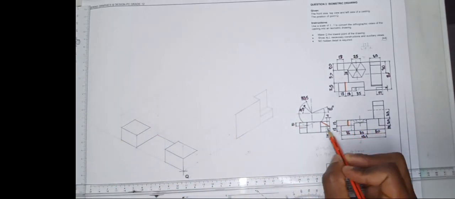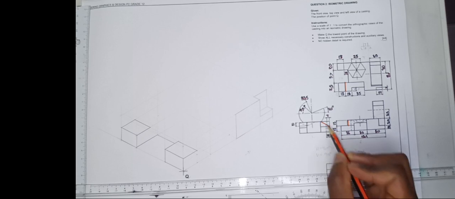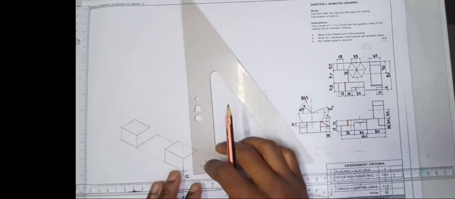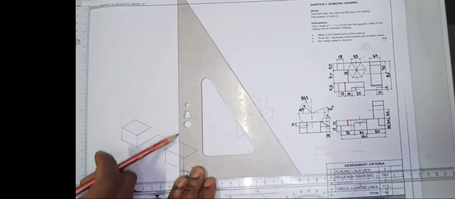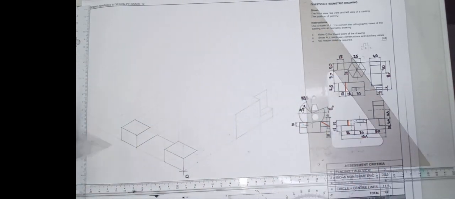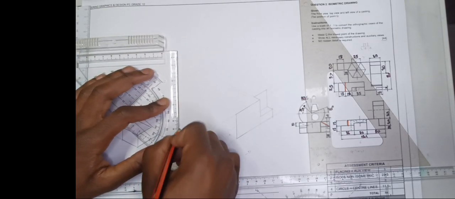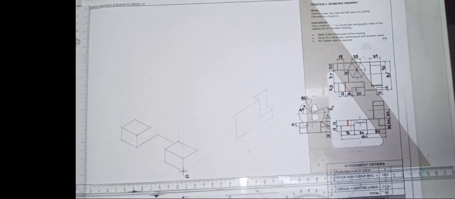So now we will need to include this diagonal line here. They give us a measurement also from here to here is 15. So coming on this corner, constructing a line from here and then measuring 15. This is my 15. Okay.